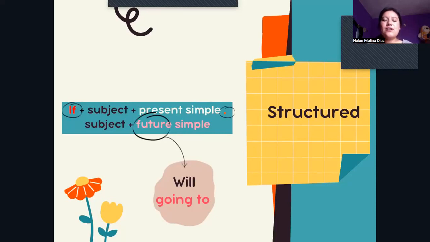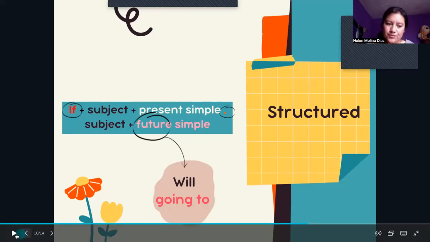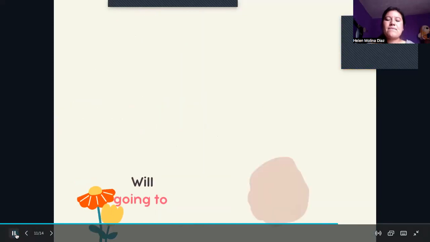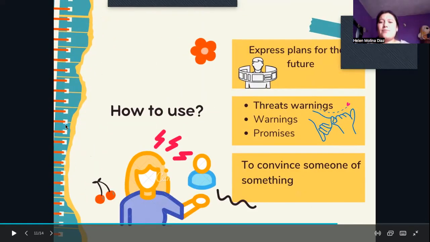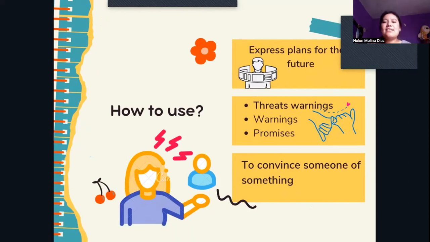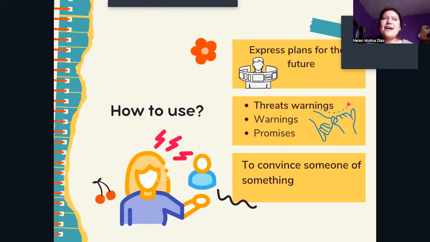The future simple uses will or going to. How to use the first conditional? Express plans for the future, warnings, promises, usually to convince someone of something.